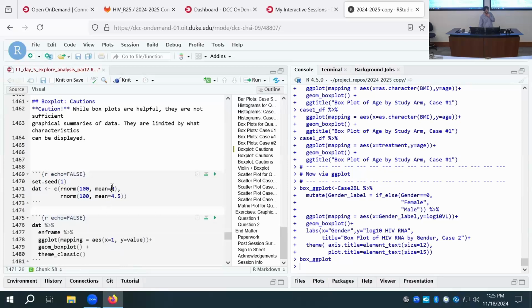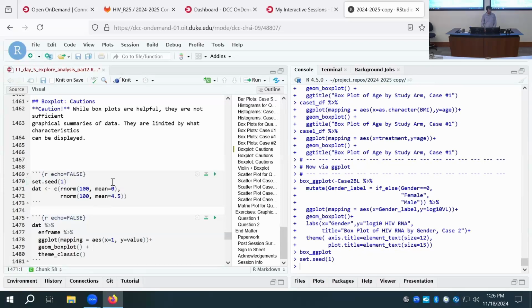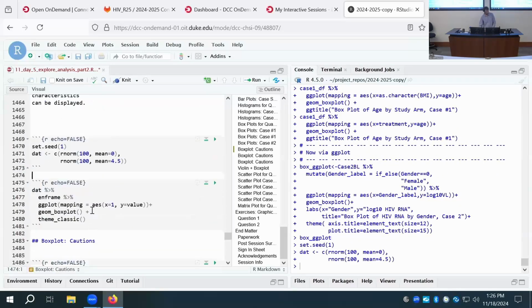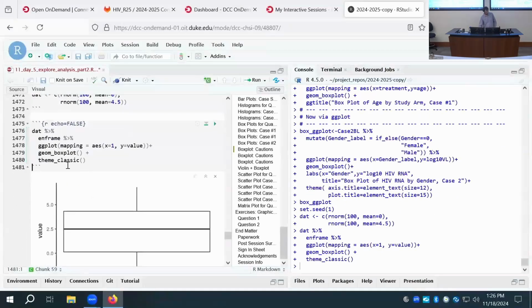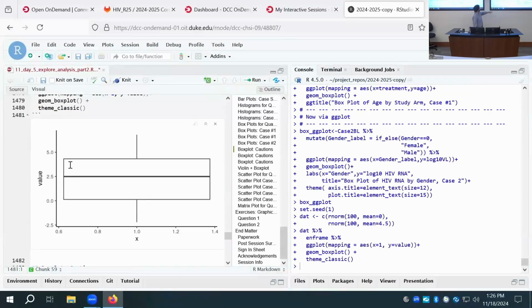So this is going to be a generic example. I'm going to generate 2 data sets, one from a normal with mean 0, another from a normal with mean 4.5. And I'm going to pass this to ggplot, box plot, and it looks just fine.